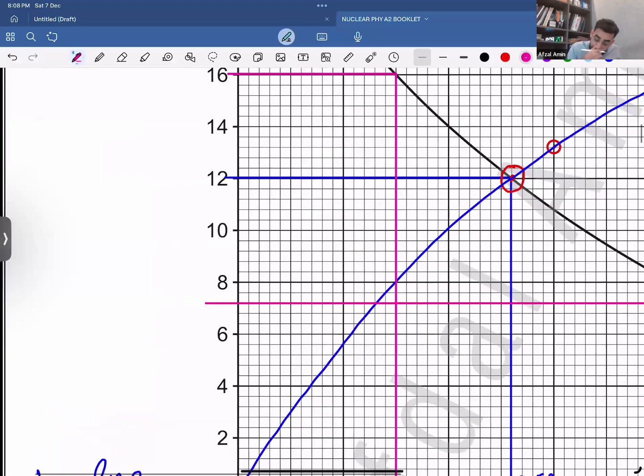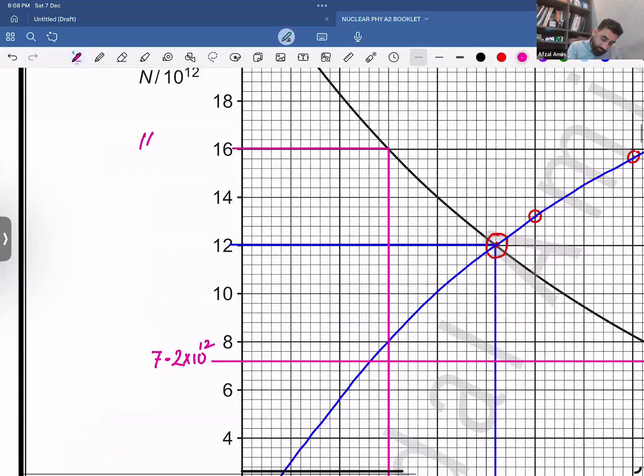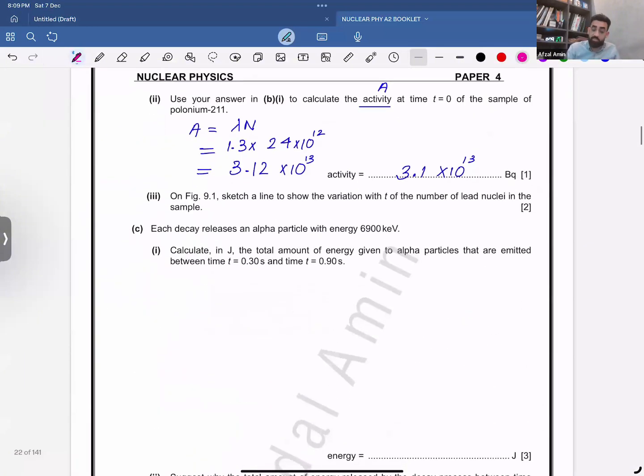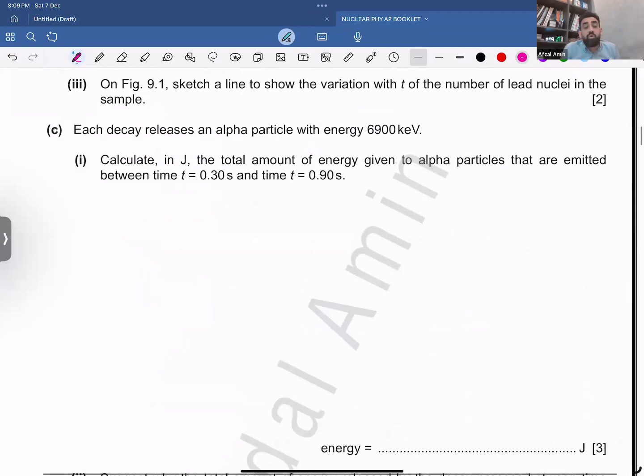So it is 16 × 10^12 and 7.2 × 10^12. For this time, from 16 till 7.2, we need to know how many are emitted. You can subtract them, my dear.